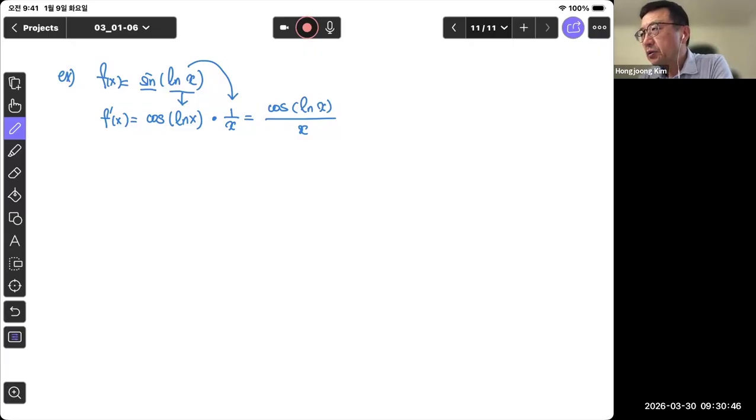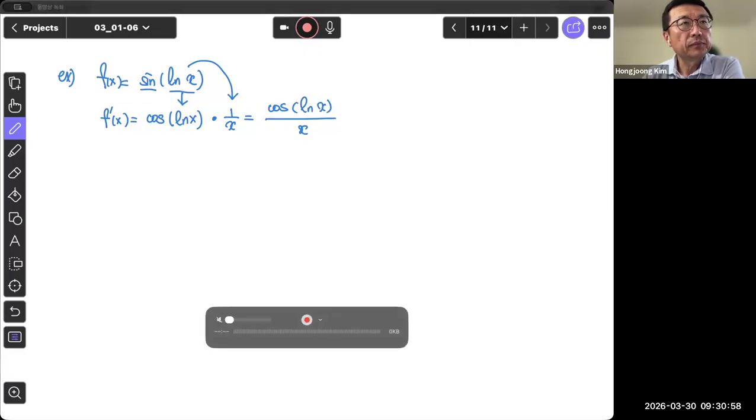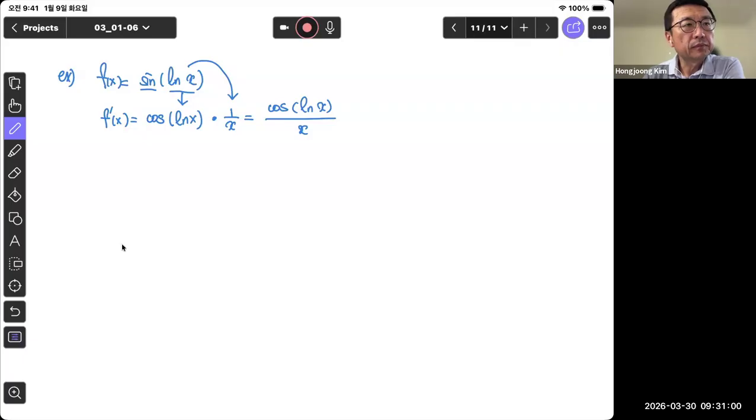And what is a little bit more challenging? Okay, then how about this? g of x is e to the x squared times ln x.